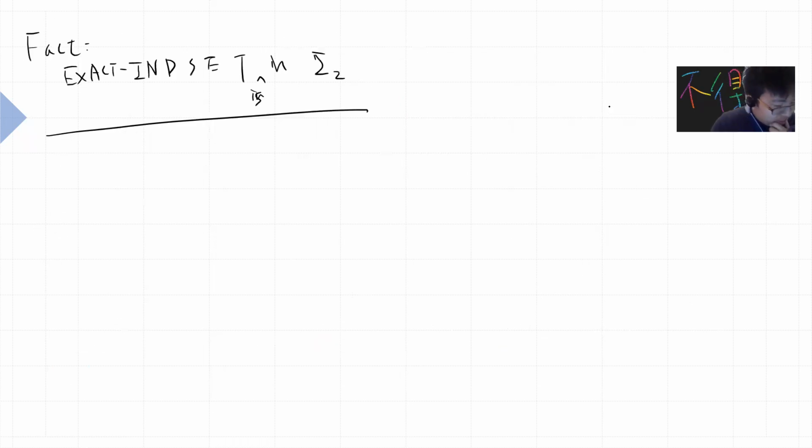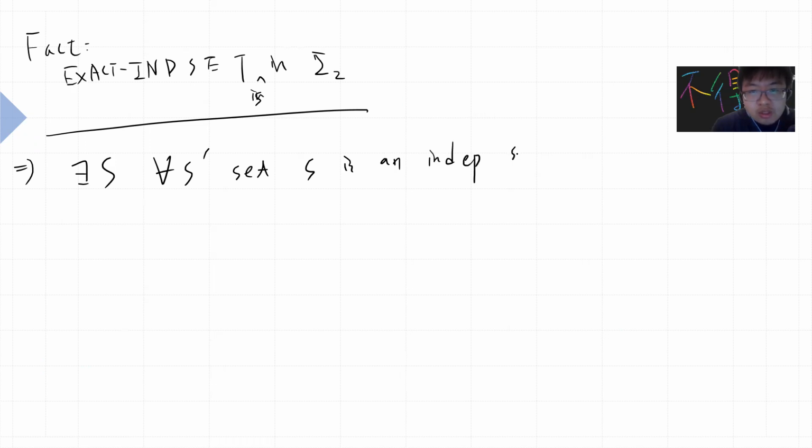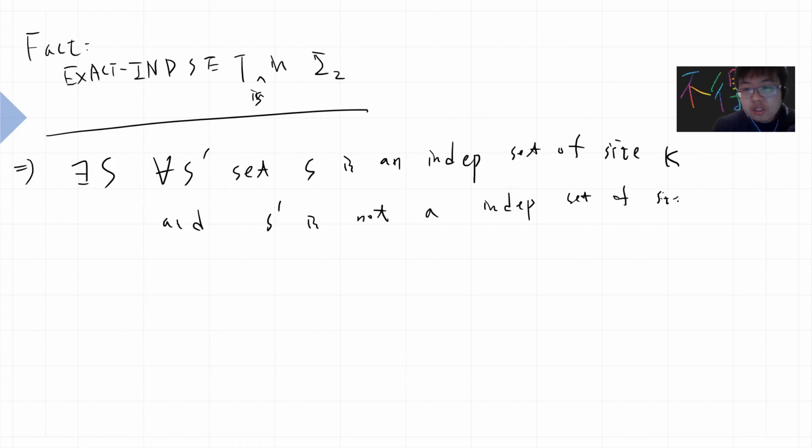So let's translate into language. I can write it as: there is this S, and for every S prime, set S is an independent set of size k, and S prime is not an independent set of size greater or equal to k plus 1.